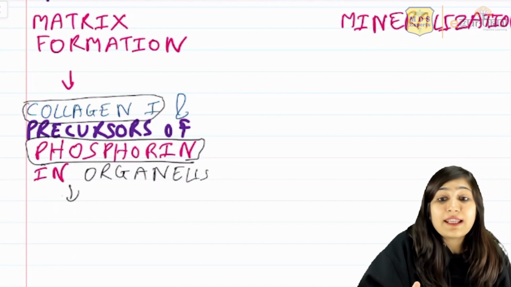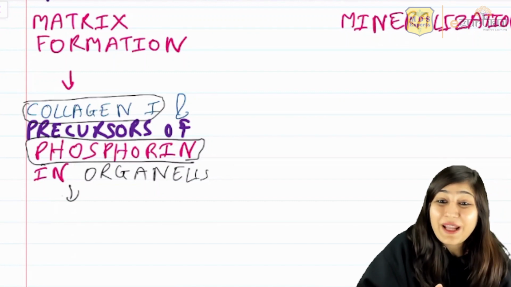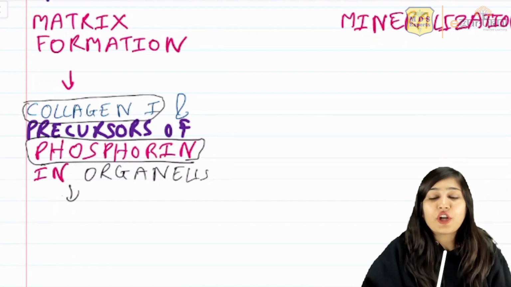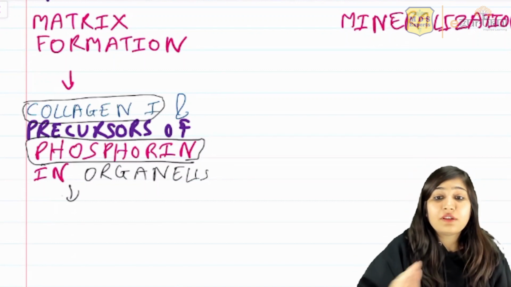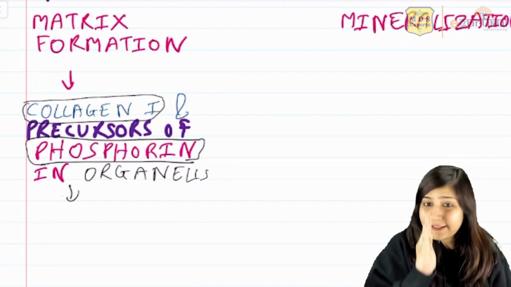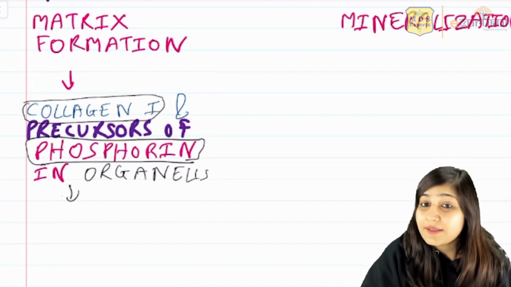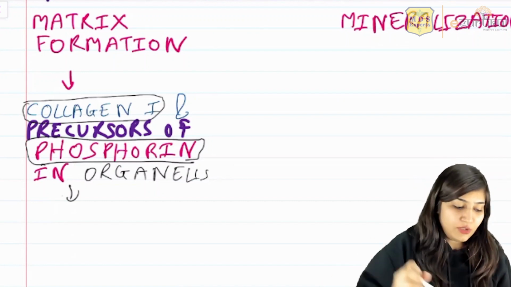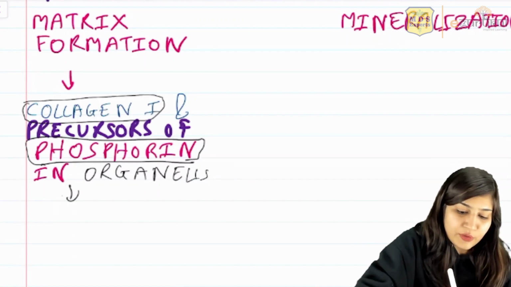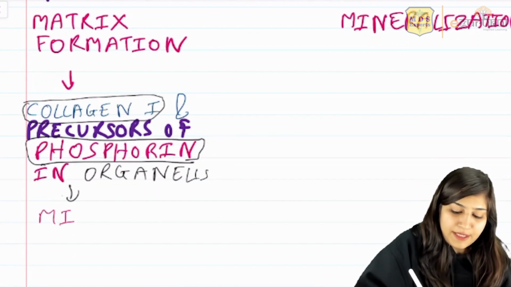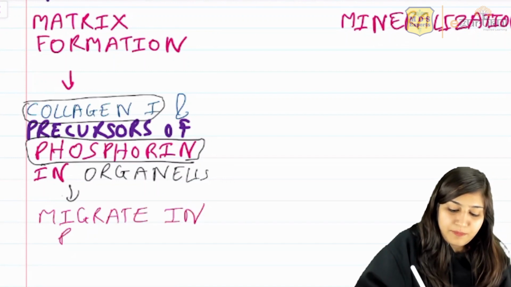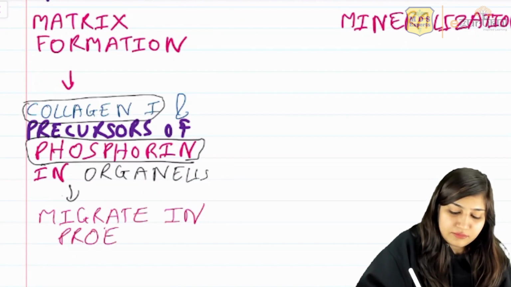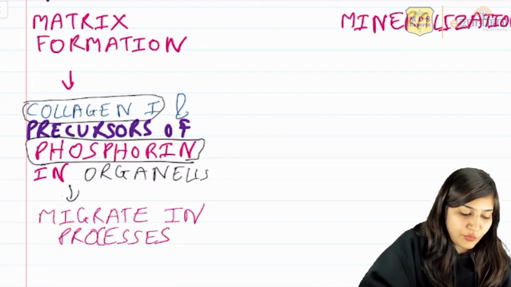Then which cell? Odontoblast cells. Now we have seen odontoblast cells have extensions. This extension is known as the cytoplasmic process. So they will migrate into the processes, the cytoplasmic processes.